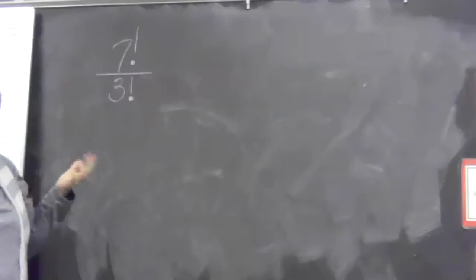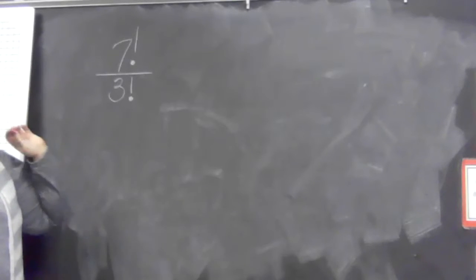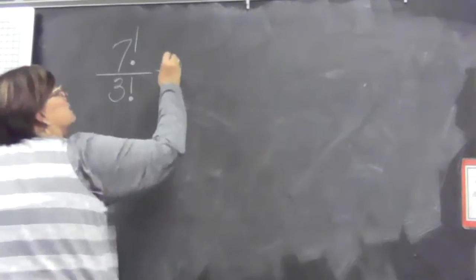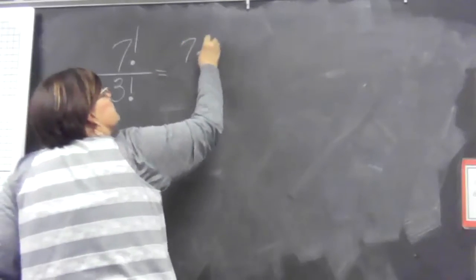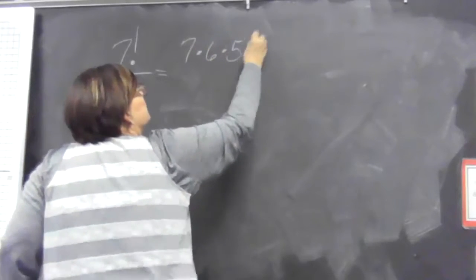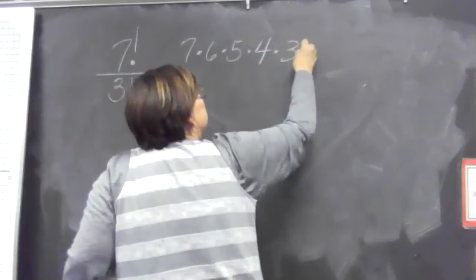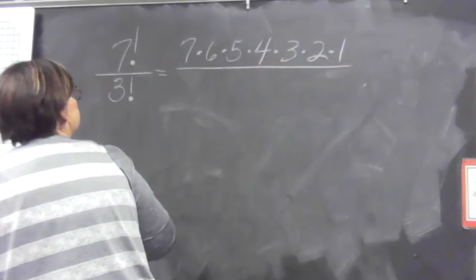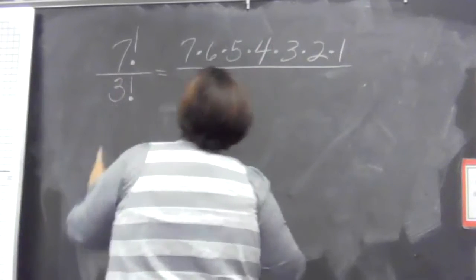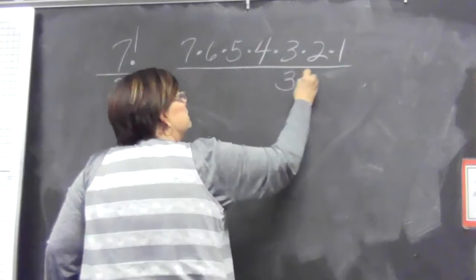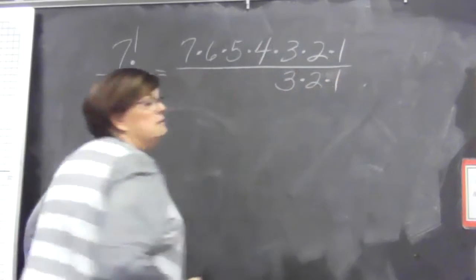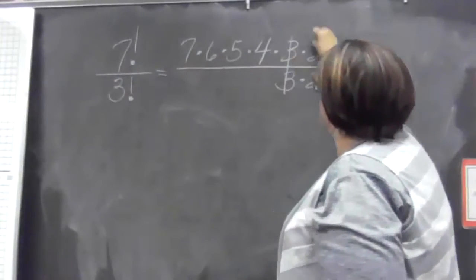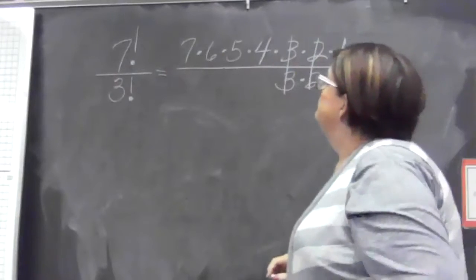But what's actually happening, and this might help you later when we start to put variables in here instead of just numbers, by longhand, this would be 7 times 6 times 5 times 4 times 3 times 2 times 1, correct? That's what 7 factorial is, but 3 factorial looks like this. Right? So you can see that the 3's will cancel, the 2's will cancel, and the 1's will cancel. Okay?